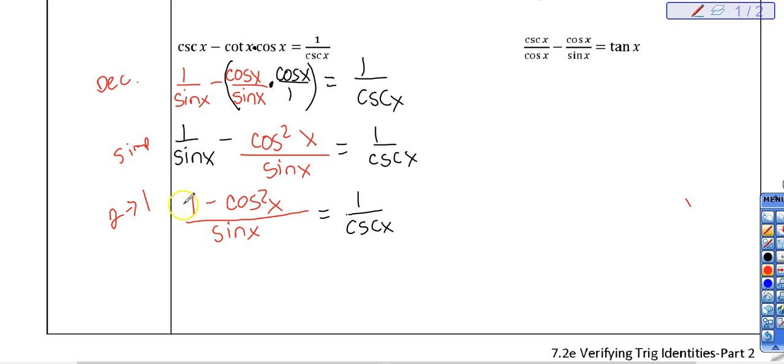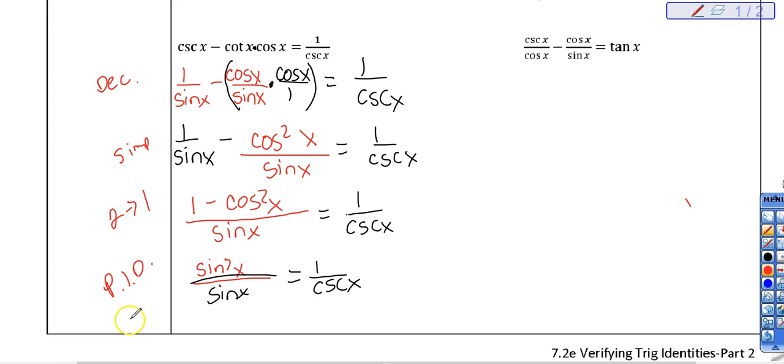I see a Pythagorean identity. What can I replace 1 minus cosine squared x with? Sine squared x. So we have sine squared x over sine of x equals 1 over cosecant x. And that is a Pythagorean identity.